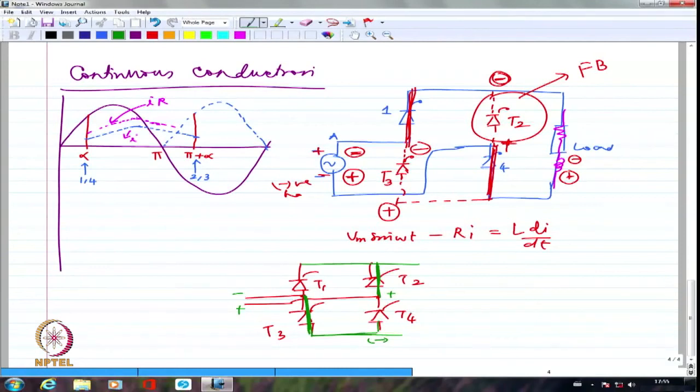They said, go to hell, turn it off. That's what happens. So this current transfer from T1 and T4 to T2 and T3 has taken place because of the supply voltage reversal automatically. The supply voltage reversed from the positive half cycle to the negative half cycle.